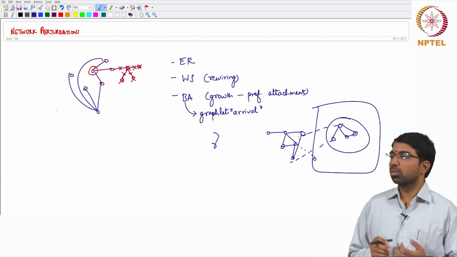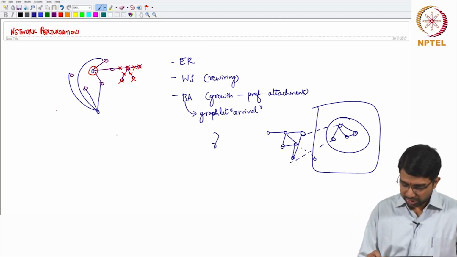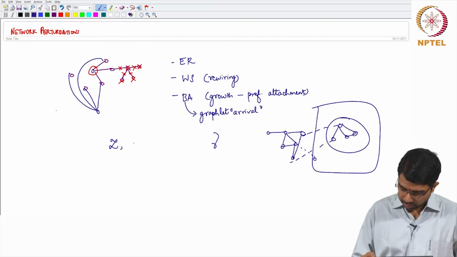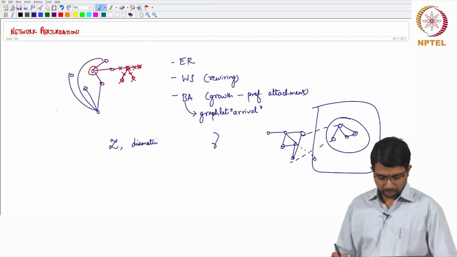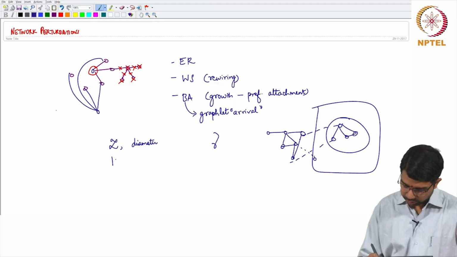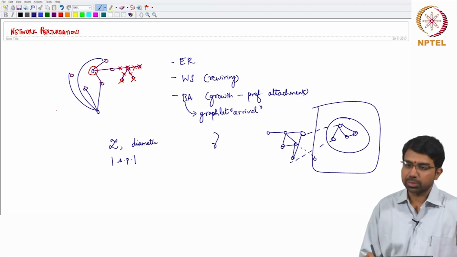You can study most of the properties that we have studied so far, but you might want to start with, say, characteristic path length, diameter, another useful metric, the number of shortest paths.